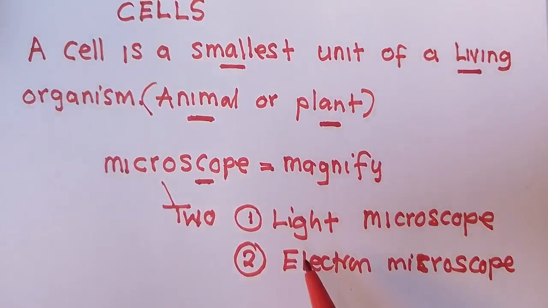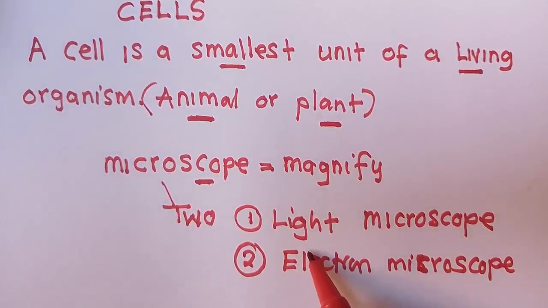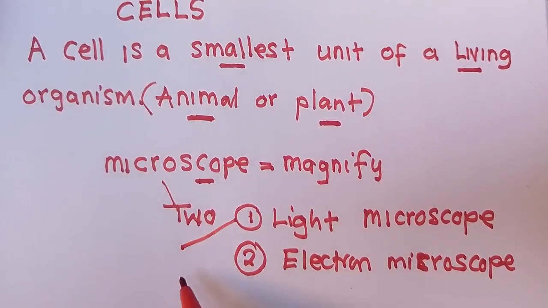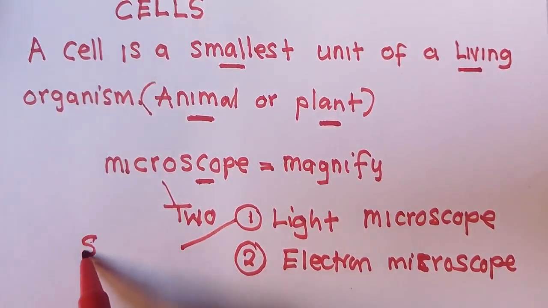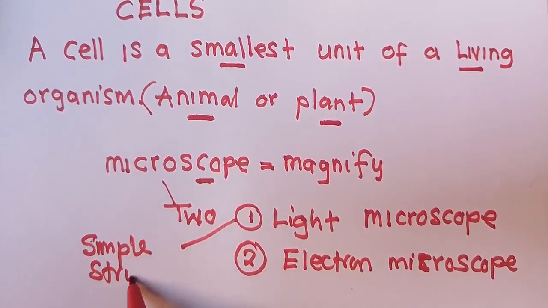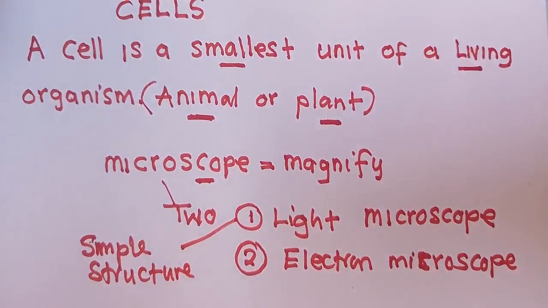Whenever we are talking about a light microscope, it shows a simple structure of a cell. So this one here, a light microscope, will show a simple structure of a cell.